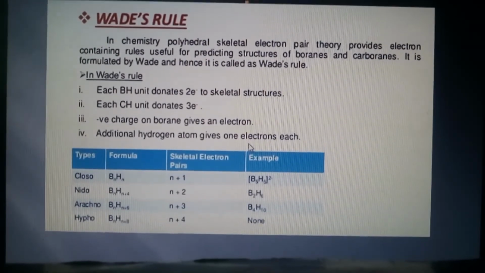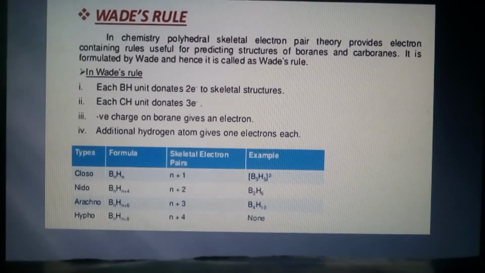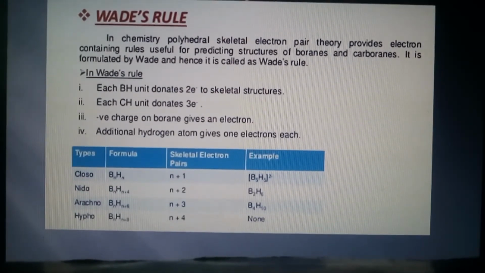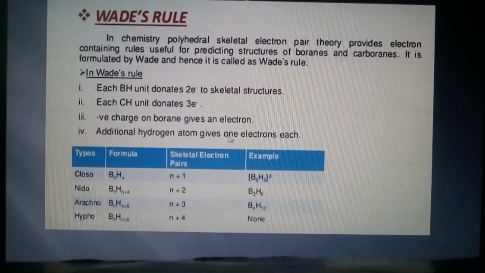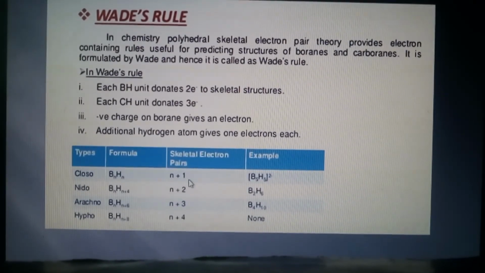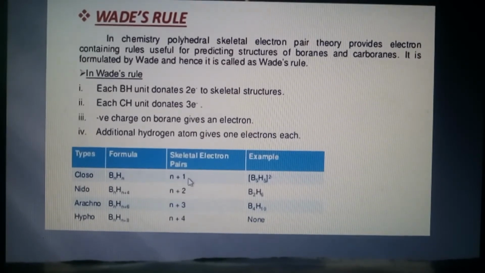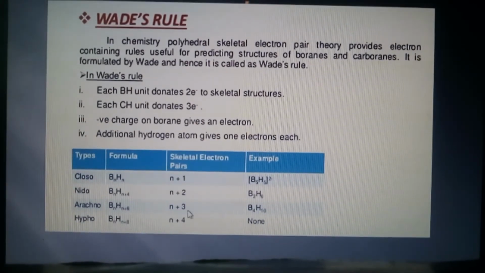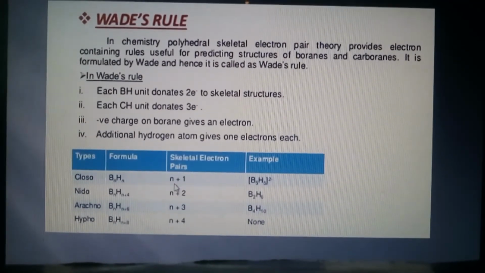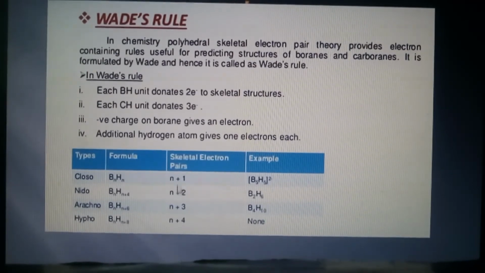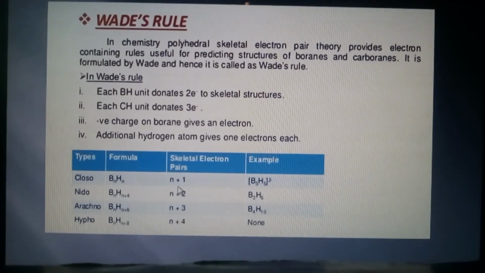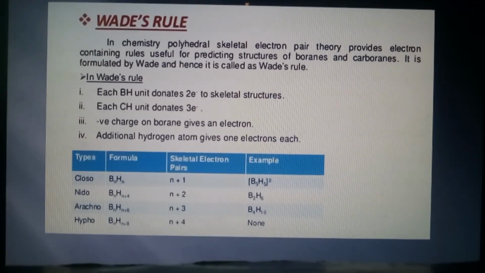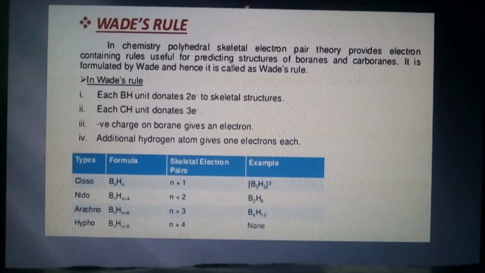Now, after finding the total bonding electrons or total skeletal electrons, we may represent these total electrons in n plus 1 form, n plus 2 form, n plus 3 form, or n plus 4 form, where n means the number of boron atoms. If the total number of electrons can be represented as n plus 1 pairs of electrons, then the structure will be closo.